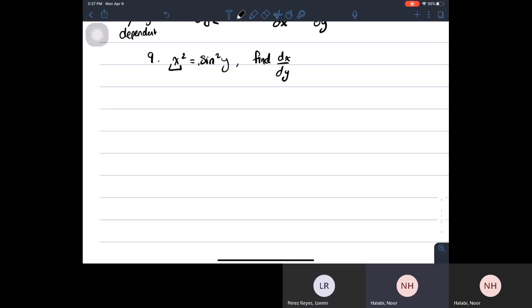We're gonna have to take the derivative of both sides, correct? Imagine each side as a different function for a little bit: take the derivative of the first one and then the derivative of the second one, and then set them equal to each other.